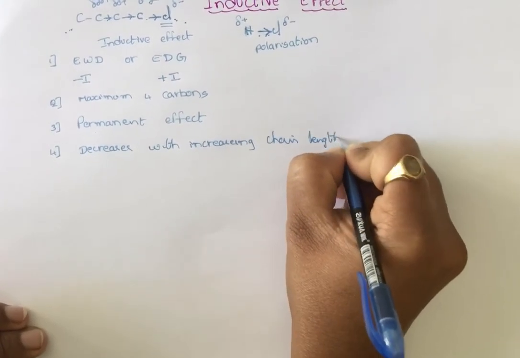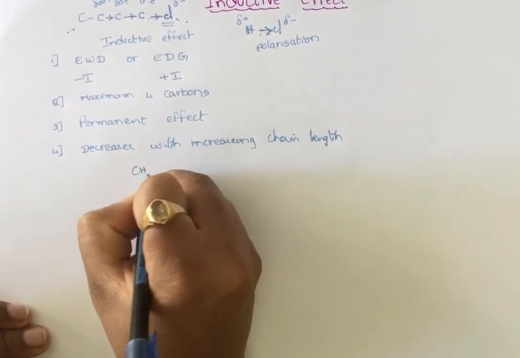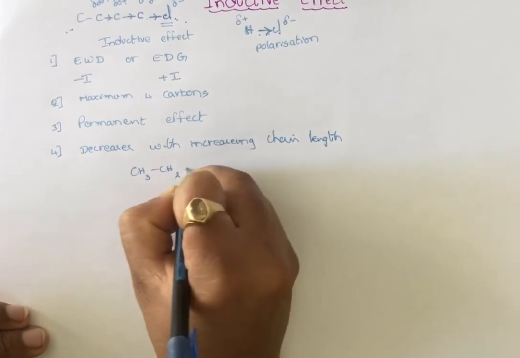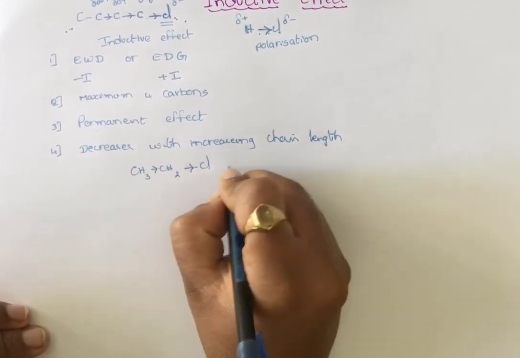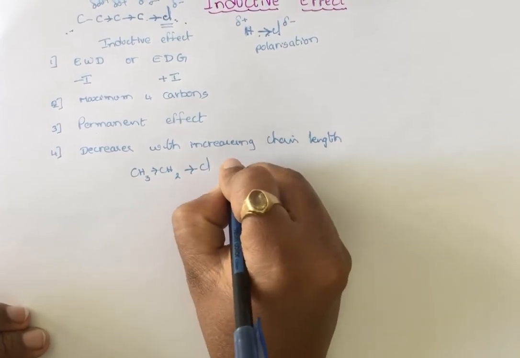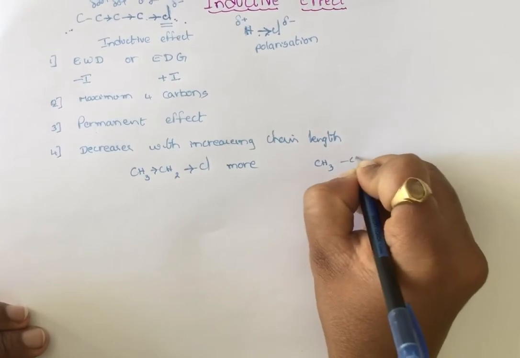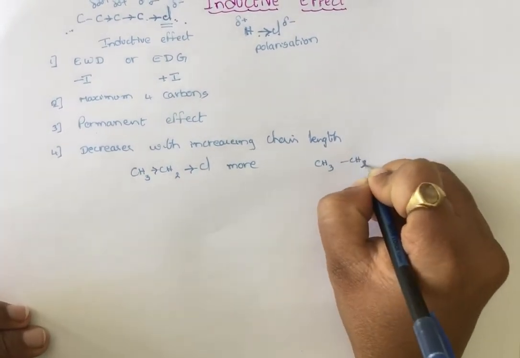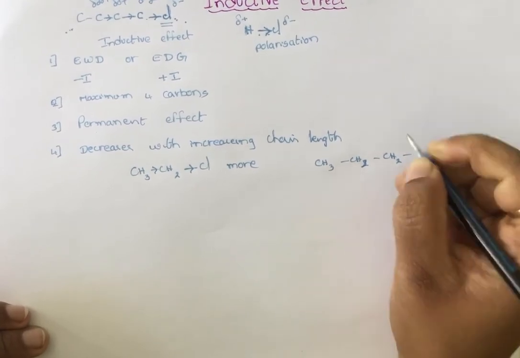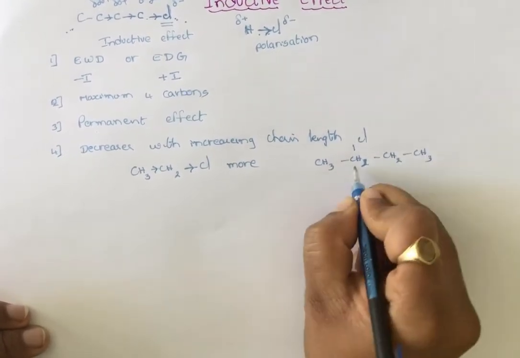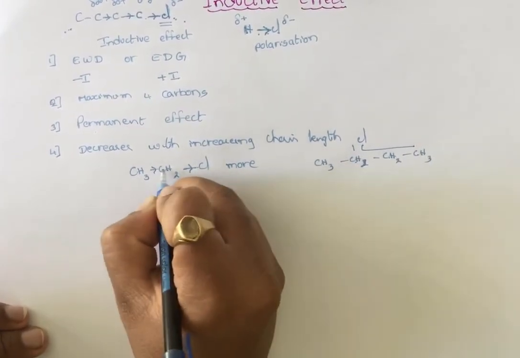For example, if I take this, then here the pulling effect will be more. But in the case of the same thing with a longer chain, you can see the bond pulling here is 1, 2, 3, 4, but here only 2.